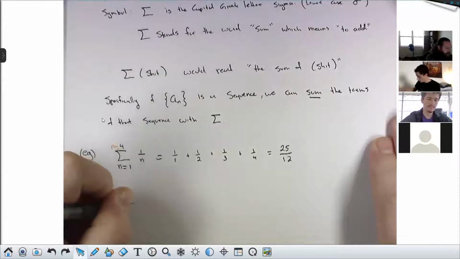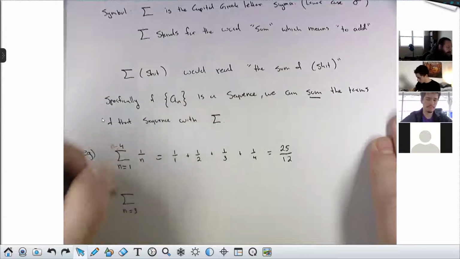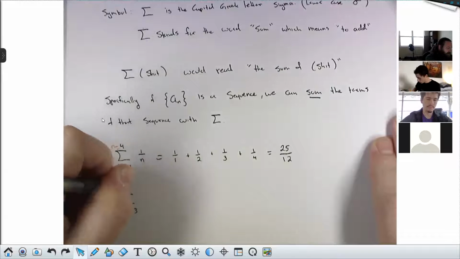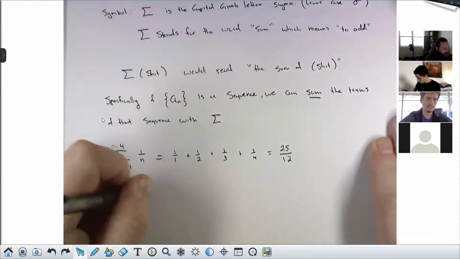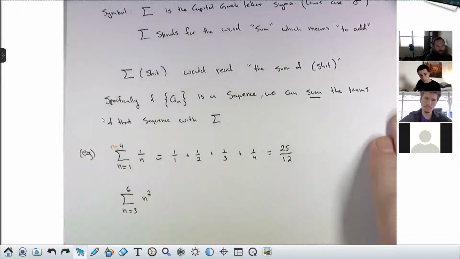If I want to sum from n equals 3 to 6, n squared. This is the sum of n squared from n equals 3 up to n equals 6. This is a number.